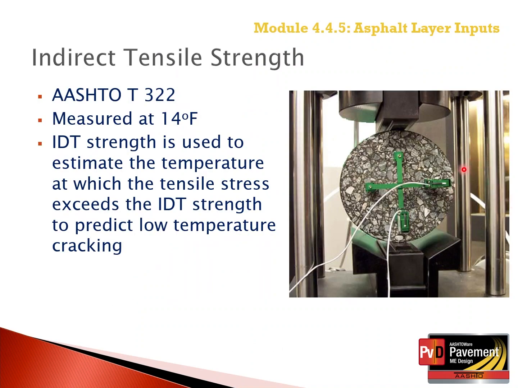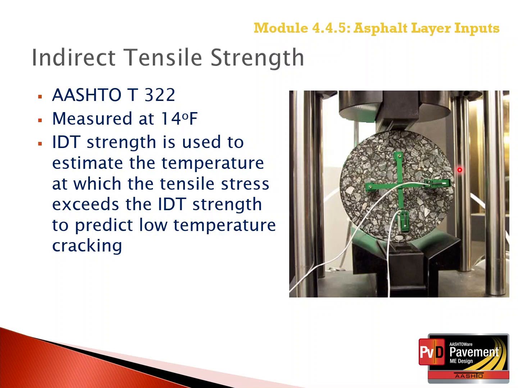The indirect tensile strength of the asphalt wearing surface is determined in accordance with AASHTO T322 and is only measured at 14 degrees Fahrenheit, or minus 10 degrees centigrade, for input levels 1 and 2.